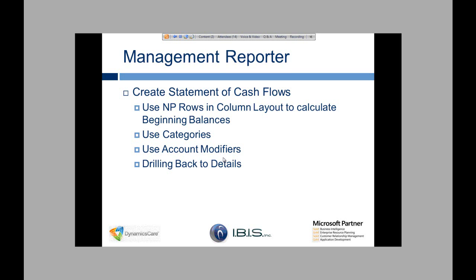That is a little bit unique and is most often used in this particular financial statement. We're going to use categories in the row format, and the use of categories in a row format is something that can be done on all of your financial statements. It's a fast way to generate financial reporting. And then we're going to look at the use of account modifiers also in the row format.